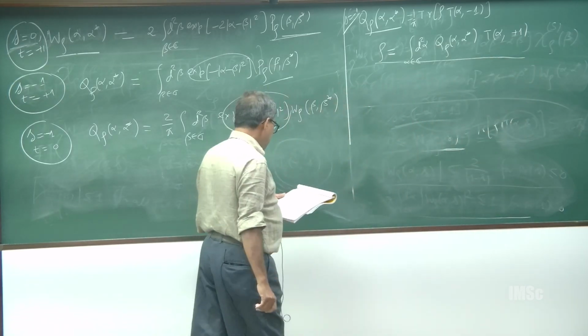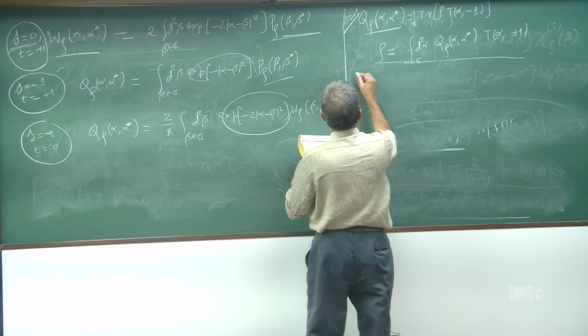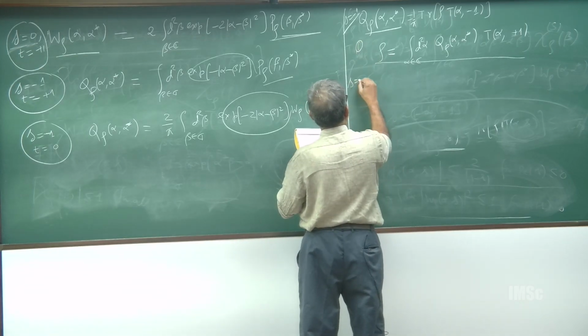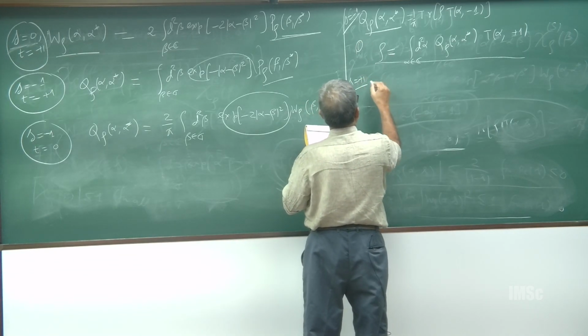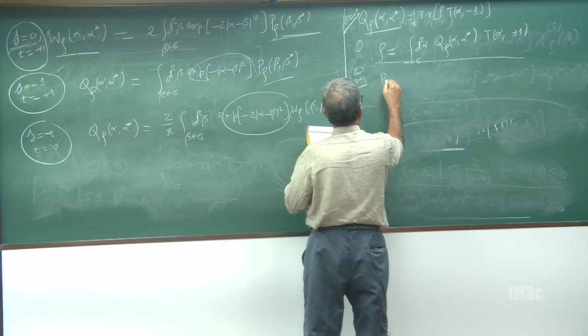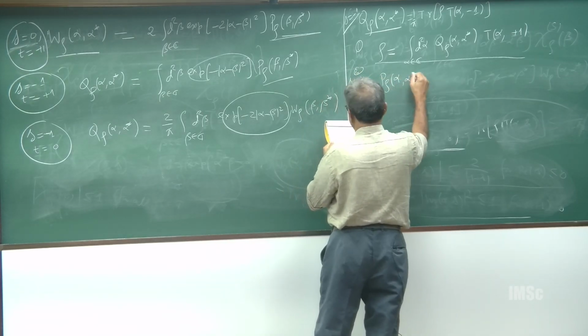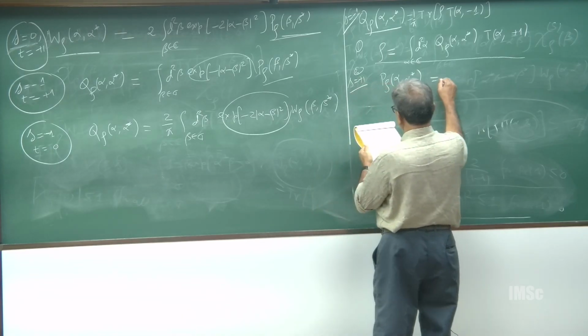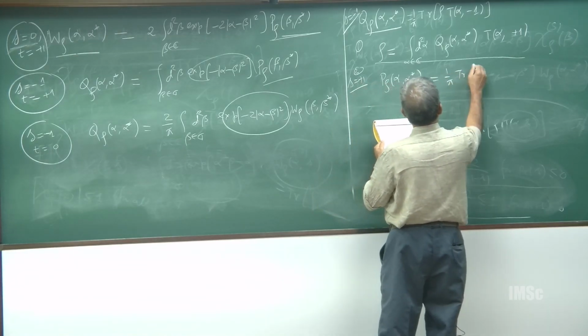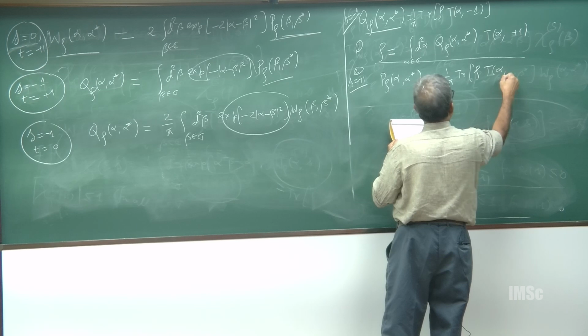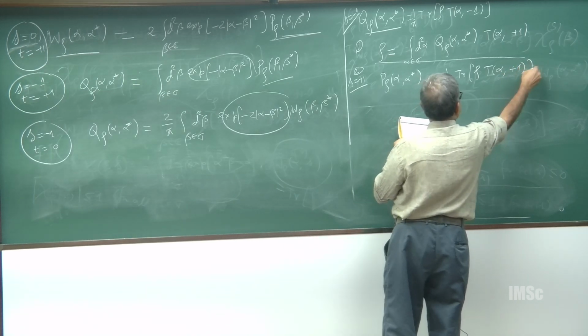Okay. Similarly, s is equal to plus 1, this is P of rho alpha alpha star, equal to 1 upon pi trace of rho T of alpha plus 1.